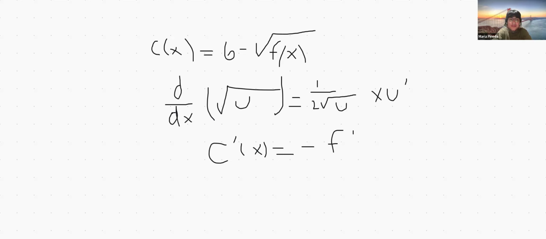I'm doing this wrong. This changes to f of x times f. This changes to f prime of x.